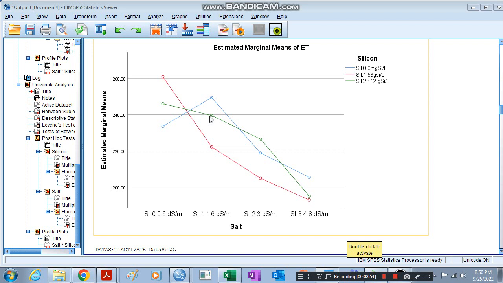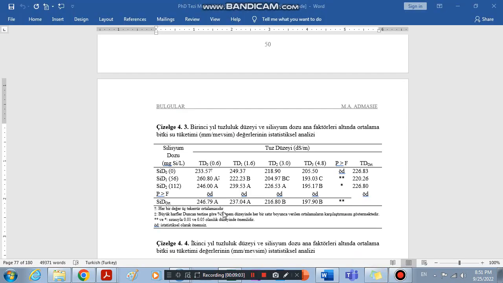At each level, as salt increases, the evapotranspiration of the crop decreases. That's what it shows. You can also see the values here as I interpreted: A, B, C, B. And it's significant. Salt has a significant effect on the evapotranspiration of the crop.